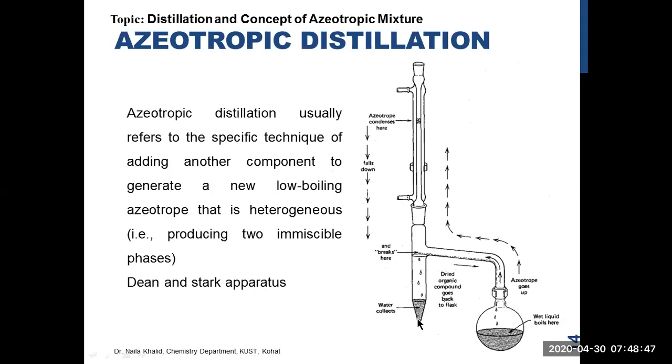It is condensed in this way and collected over here, and this part is for the cooling of the azeotrope, which condenses here. So azeotropic distillation usually refers to the specific technique of adding another component to generate a new low boiling azeotrope that is heterogeneous, producing two immiscible phases. Then you carry out the separation between them, and it will give you a successful separation of the azeotropic components.